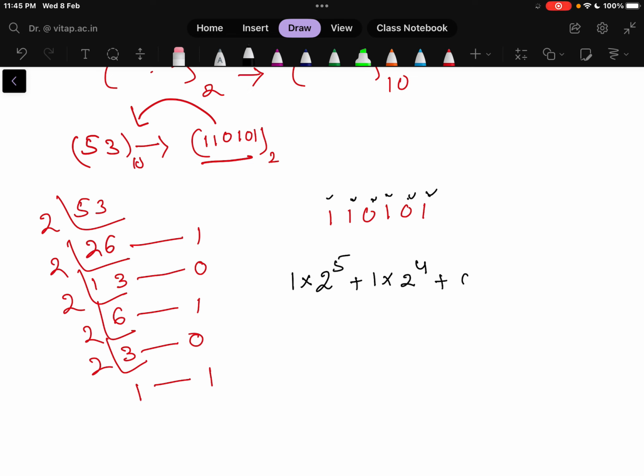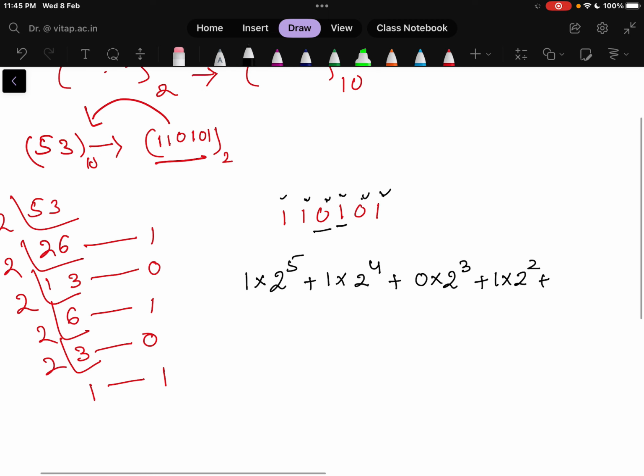Then plus 0 into 2 to the power 3, then again 1, so plus 1 into 2 to the power 2, plus 0 into 2 to the power 1, plus 1 into 2 to the power 0. Now, if we find the total summation, we will get 53.